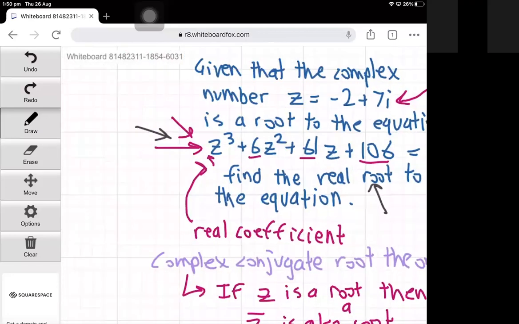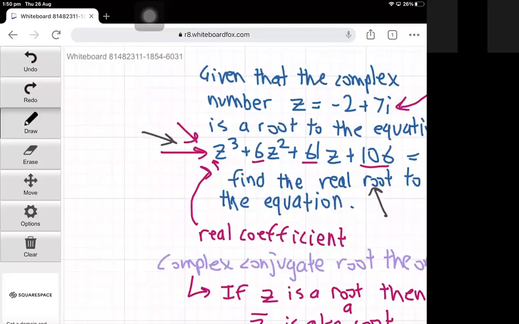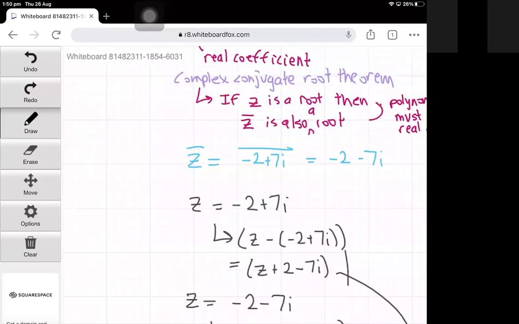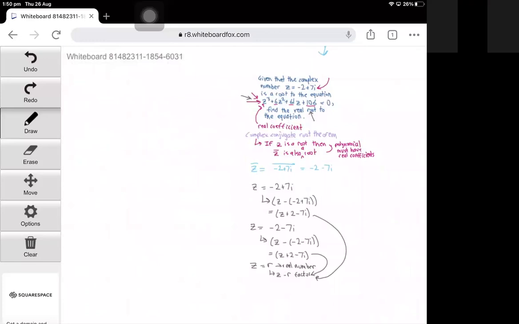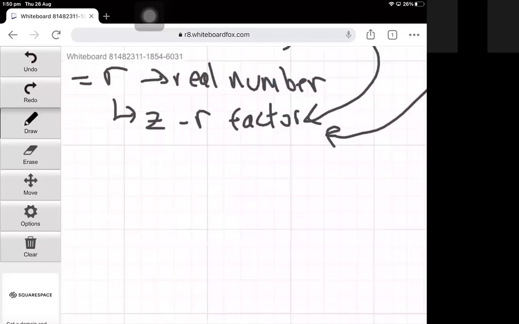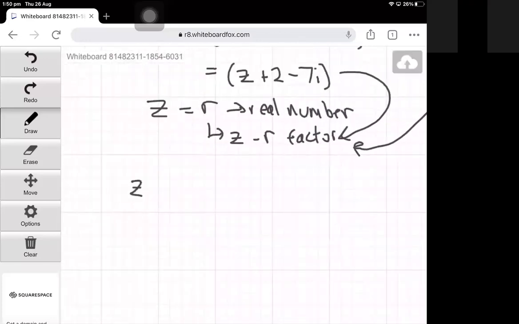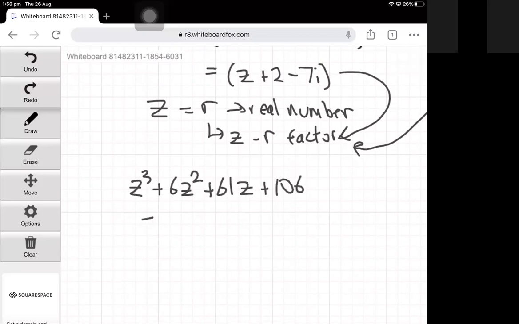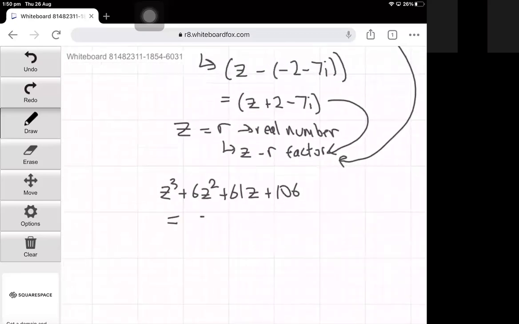Now we can see the polynomial is monic, which means the leading coefficient is 1. So it means we can just write the polynomial as a product of its linear factors. So we have z cubed plus 6z squared plus 61z plus 106. This is the same as z plus 2 minus 7i times z.